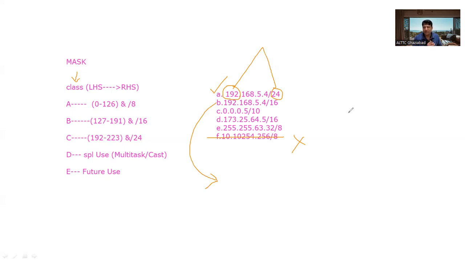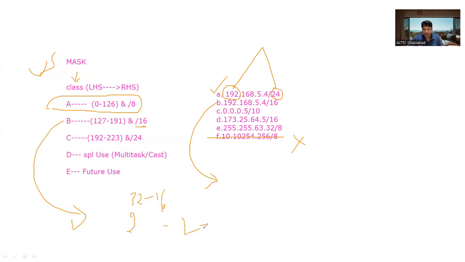Option A was given to the US, and option B was given to India and Asia. And with /16, that means 2 to the power of 32 minus 16, which is a very small number of IPs, and that is not enough for a lot of devices connected to the internet.